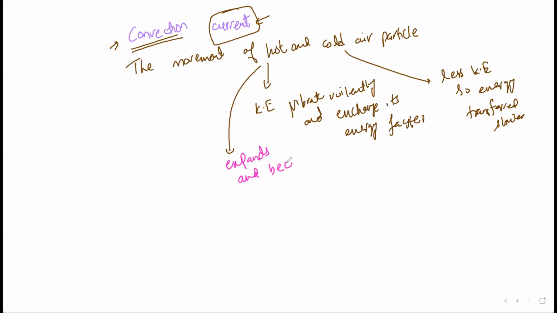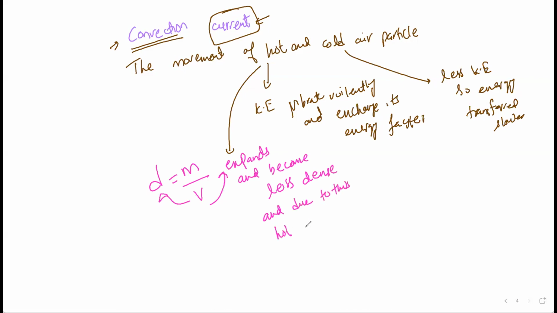At the same time, the hot particles, the particles which have gained energy, would expand and become less dense, as per the formula of density, which equals mass per unit volume. As expansion is occurring, this means volume would increase and density would decrease. And due to this, the hot particle would move upward.